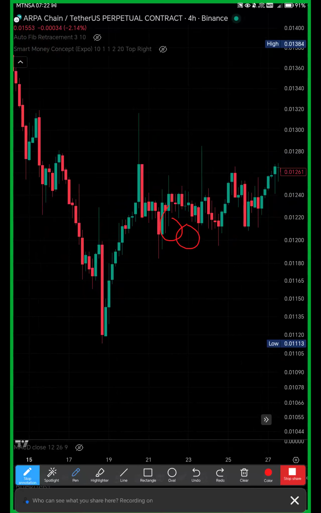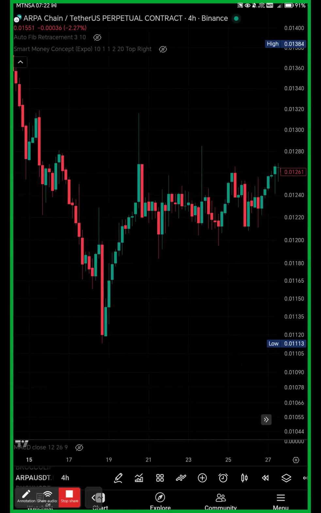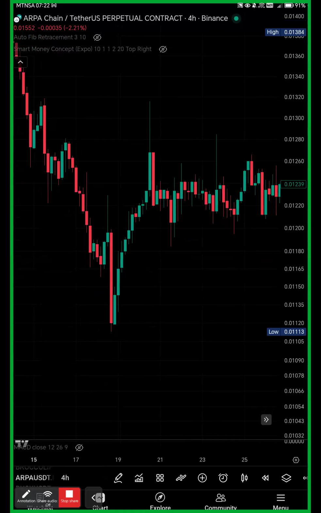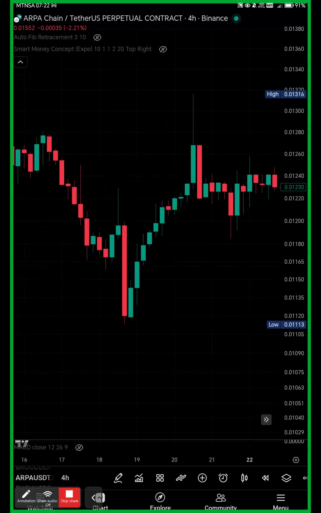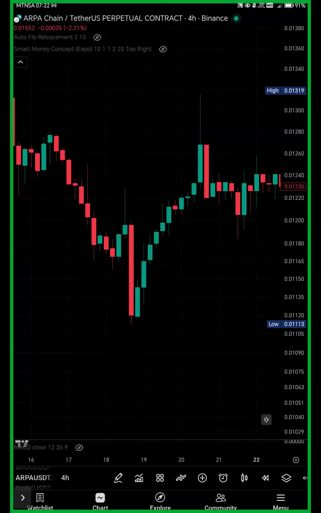So there is this direction of the market, and then there is this direction of the market. And here, something happened here.